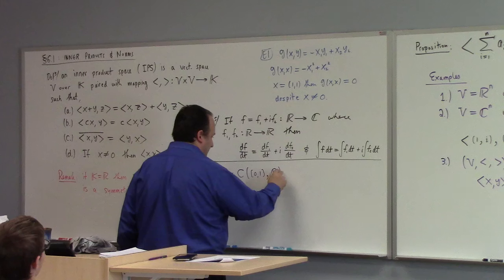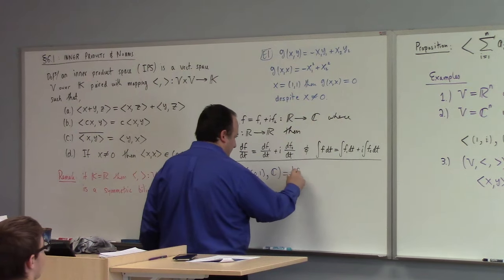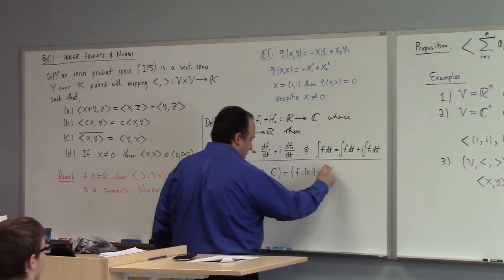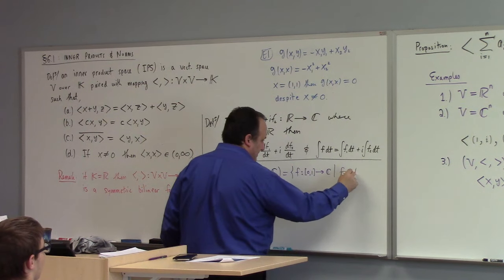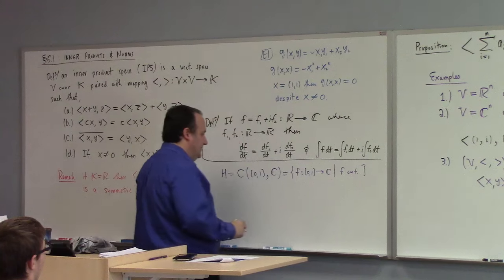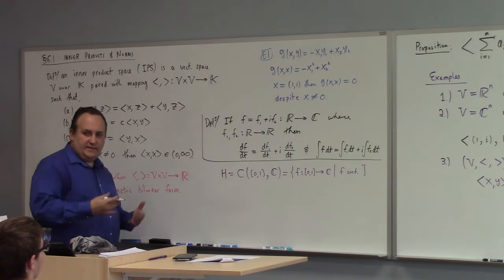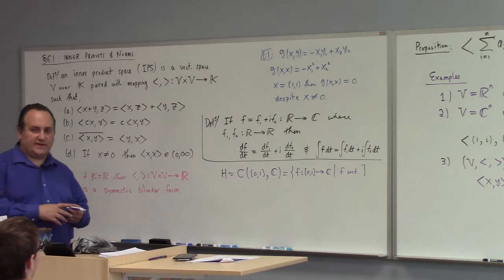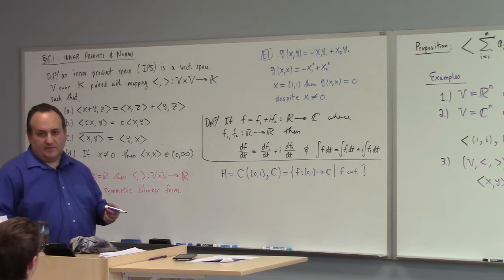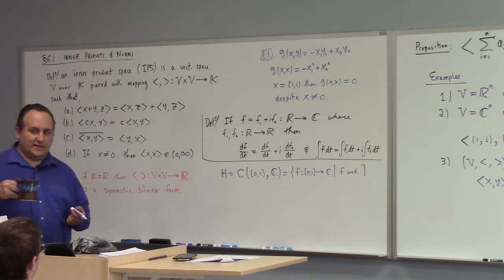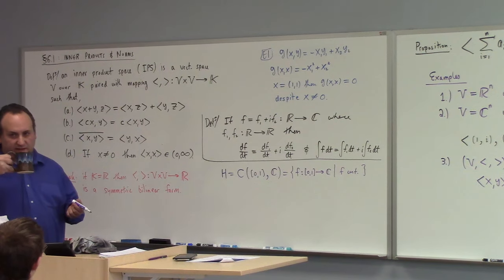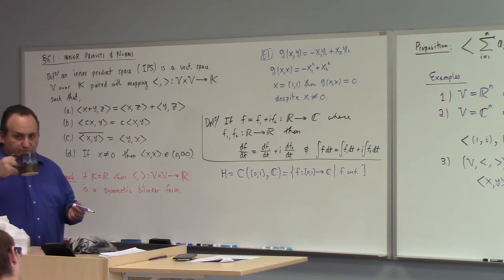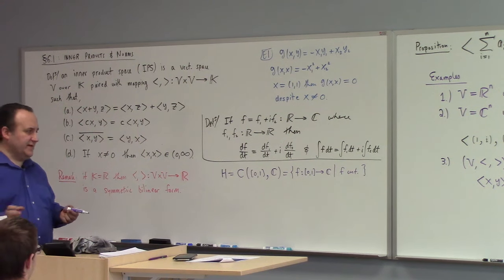So specifically, it's f from [0, 1] to the complex numbers such that f is continuous. In this context, we've got a complex vector space. You can prove this is a complex vector space because the sum of continuous functions is, again, continuous. The scalar multiple of a continuous function is once more continuous, and I do mean scalar in the complex sense. So it is an honest to goodness complex vector space.